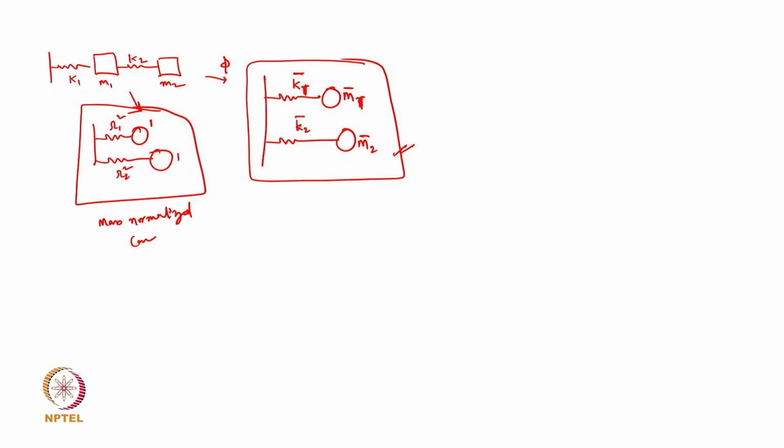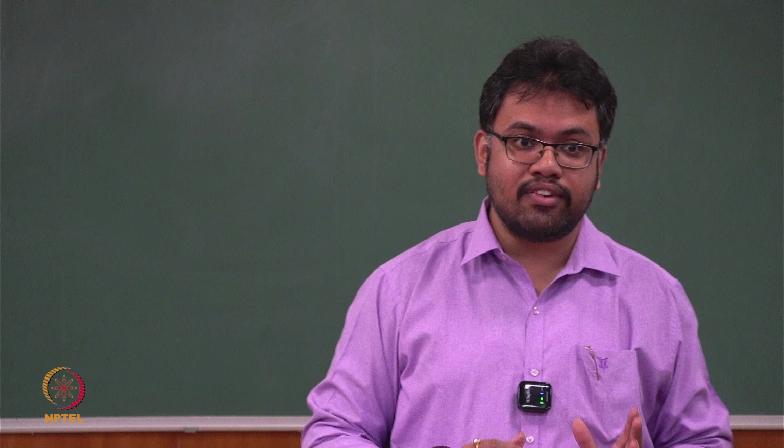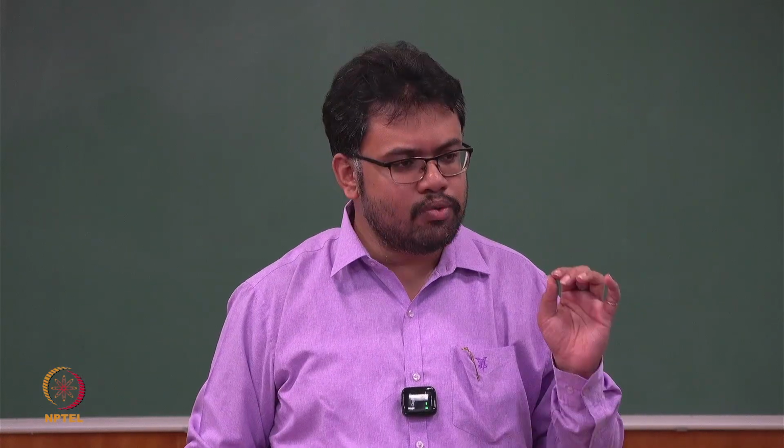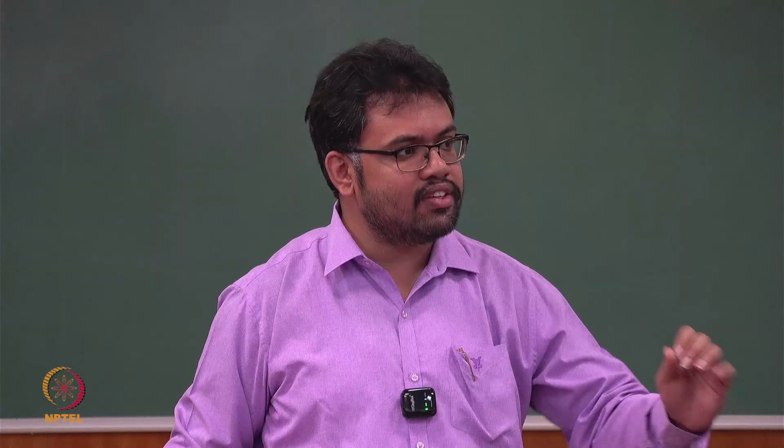Once we are coming here, we are actually using the mass normalized eigenvalues. That's the two differences. Here you can see the system itself is very simplified. It has a unit mass and its stiffness is nothing but the frequency square.